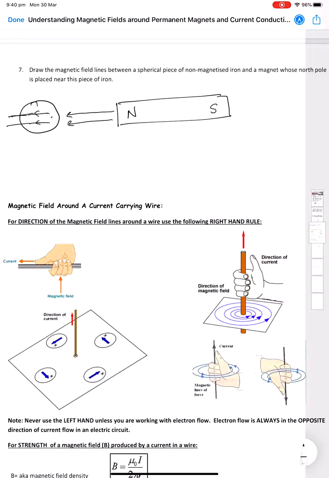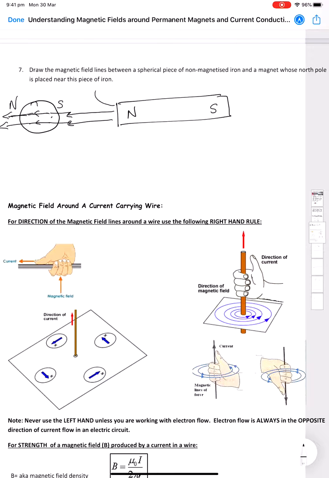If they're exiting the ball on that side, remember magnetic field lines always exit the north and enter the south, which is why this ball is going to get attracted to the magnet, because we have created a south pole in that sphere.